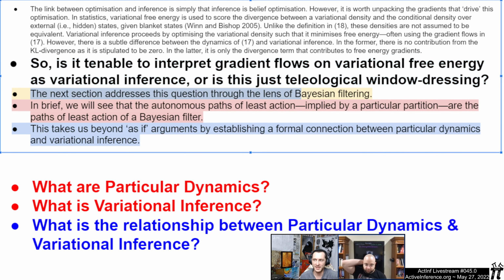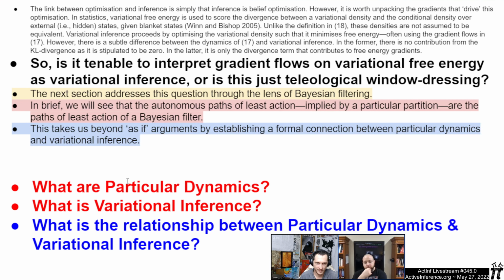The next section addresses this question through the lens of Bayesian filtering. In brief, we will see that autonomous paths of least action implied by a particular partition are the paths of least action of a Bayesian filter. This takes us beyond as-if arguments by establishing a formal connection between particular dynamics and variational inference.